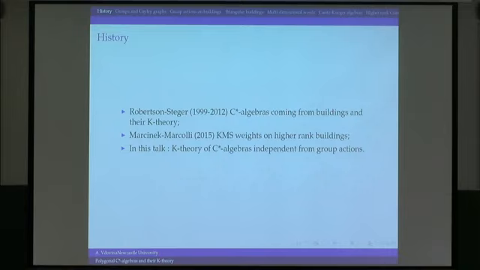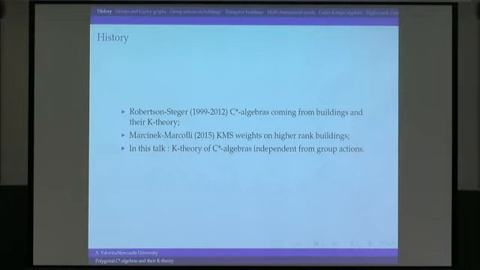And in this talk I will try, I hope that I get there, to talk about at least a little bit about the K-theory of C*-algebras independent from group actions. Most examples of C*-algebras of Robertson and Steger come from group actions on buildings and products of trees, but then the K-theory really depends on the group structure.